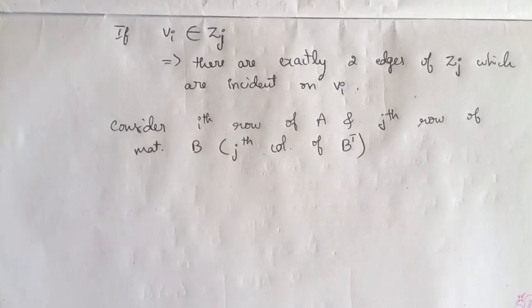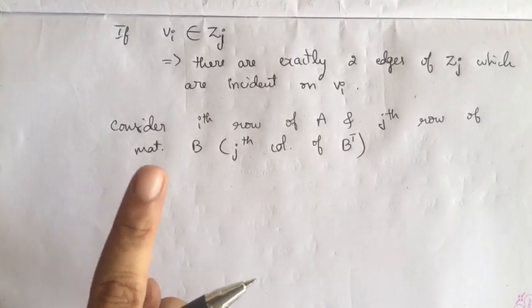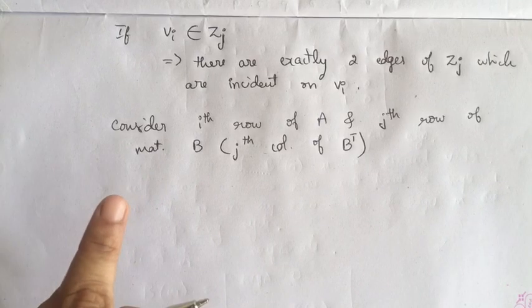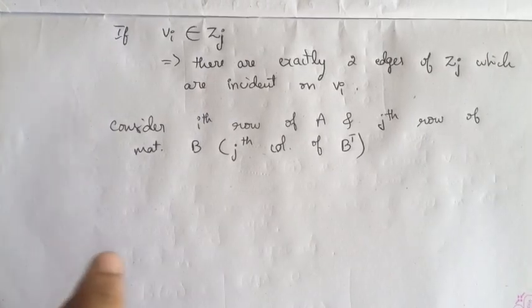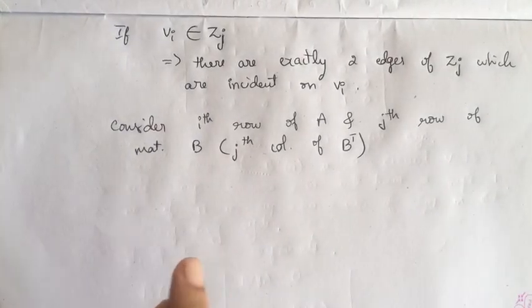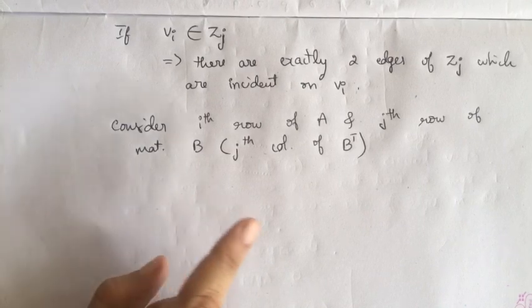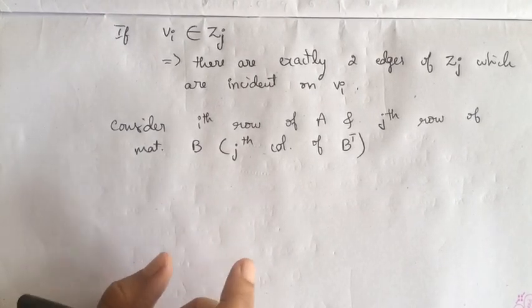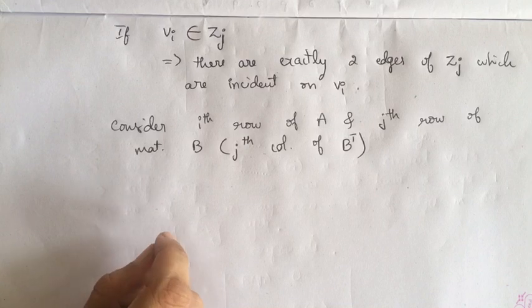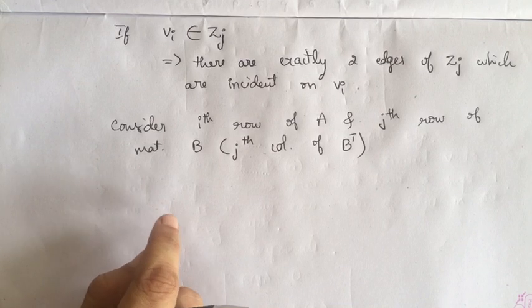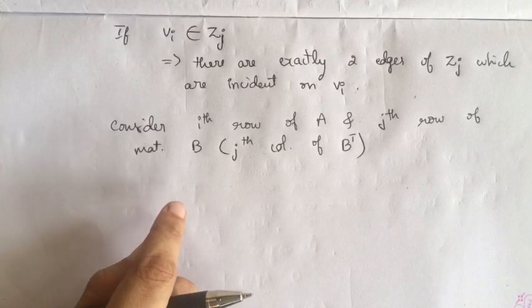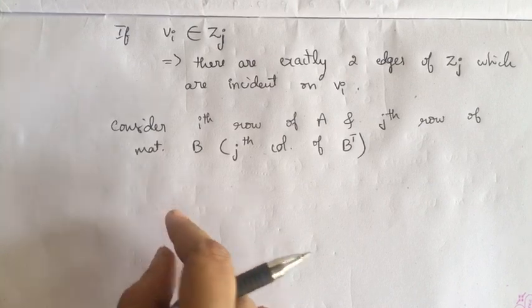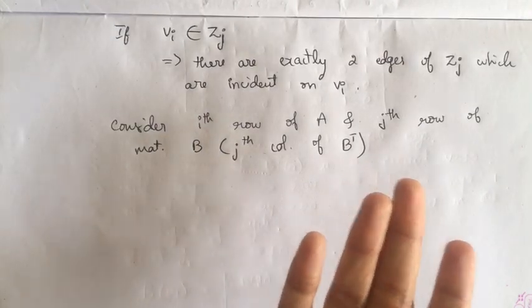Since I have defined it in the statement itself that edges are arranged in the same order, therefore the rth entries of the two rows are both non-zero if and only if the edge Er is incident on the ith vertex Vi and is also included in the jth cycle.